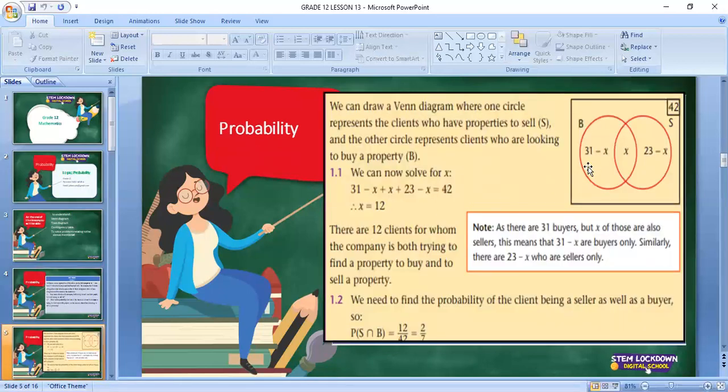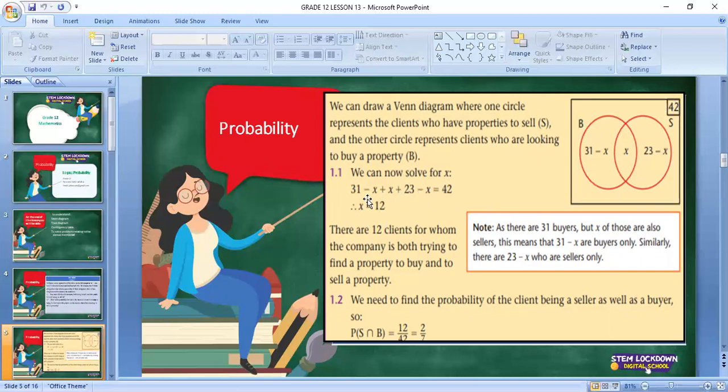By the time we add those who are buying only, those who are buying and selling, and those who are selling only, everything has to add up to 42. So 31 minus X plus 23 minus X must give us 42.